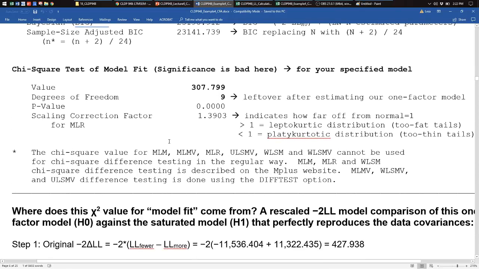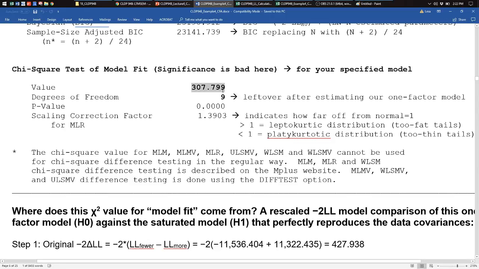Chi-square test of model fit. This is the difference in -2 log likelihood. The likelihoods get multiplied by -2 to make their difference follow a chi-square distribution. I'm trying really hard to say likelihood, but it's almost always -2 log likelihood because that's what the test is. So you have to take the likelihoods that are given and multiply them by -2. That's what the spreadsheet does for you.